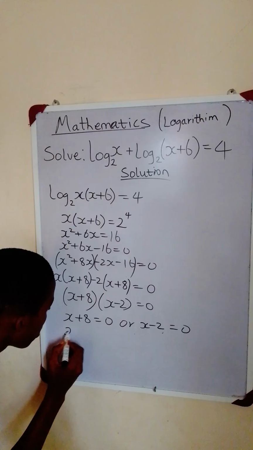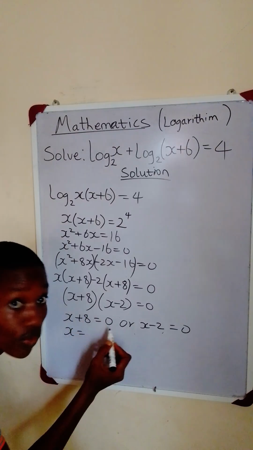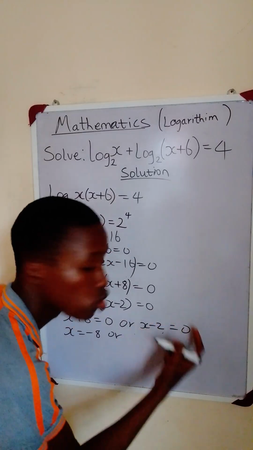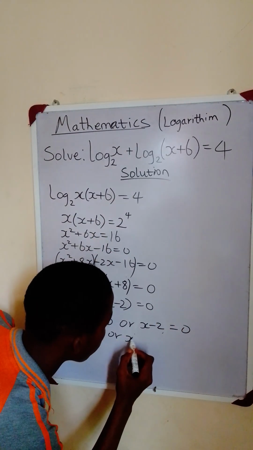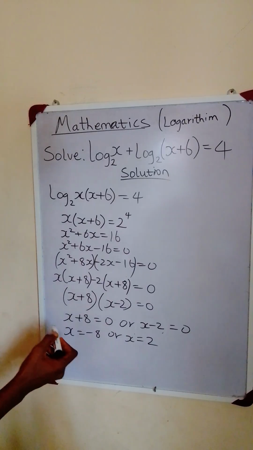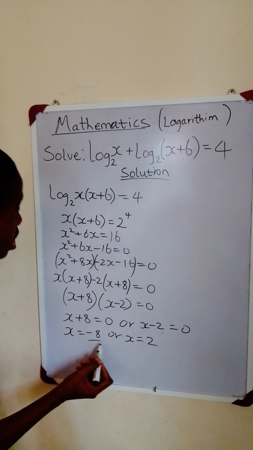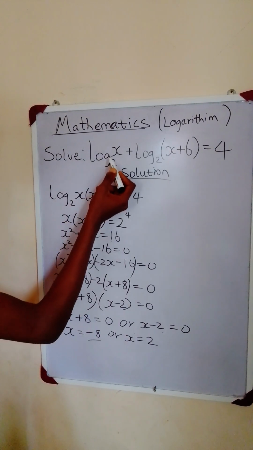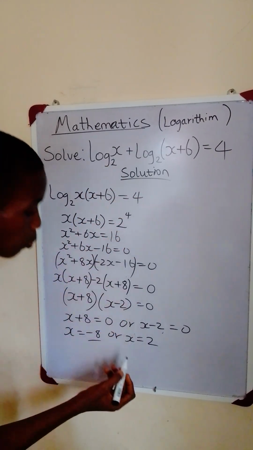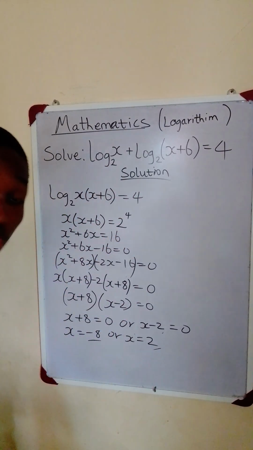So you collect like terms: x equals, when you cross this over, it changes to minus 8, or when you cross this 2 over, x equals 2. But from this, putting minus 8 in this logarithm is going to be undefined. It can't work. So the correct positive answer here is 2.